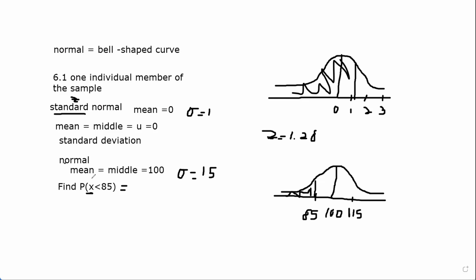I need to convert it to a standard score or a Z-score, same thing. This is not a Z-score, this is a raw score. So X is our raw score, and we need to convert this to a Z-score. We convert it using the formula here, so we need a Z.